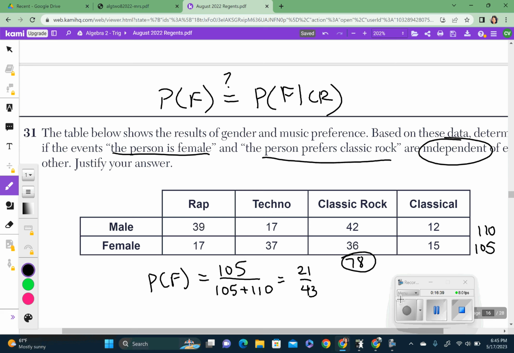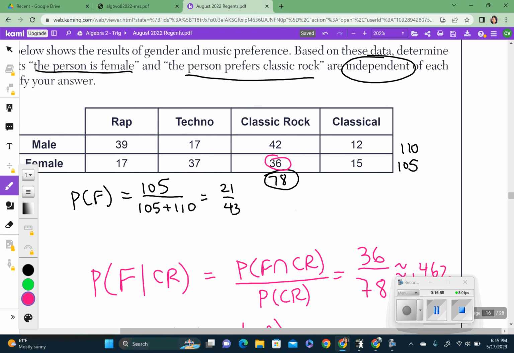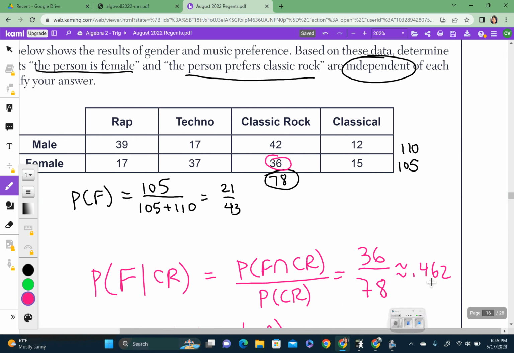So now the next one is the probability of females given classic rock. How many people who are females prefer classic rock? Females preferring classic rock is 36. So there are 36 females who prefer classic rock out of whatever comes second. What comes second?